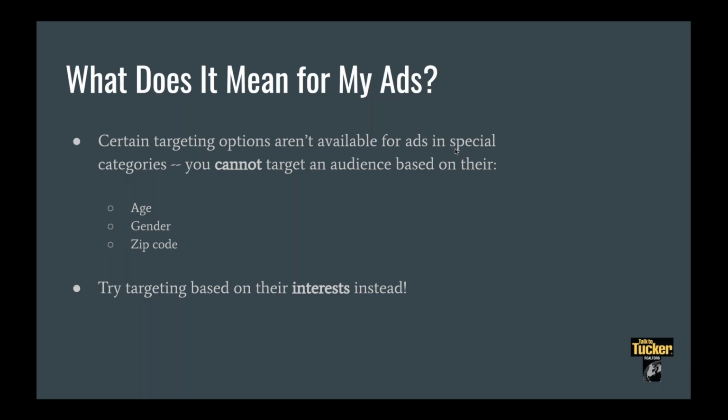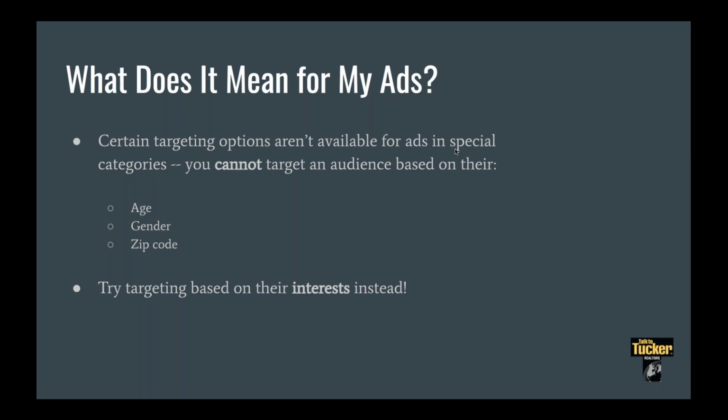They want everybody to have the opportunity to see an ad for a new listing or a housing opportunity. So you can't exclude any specific audiences, and you can't target based on demographic or behavior, because the idea is that you should be creating ads that are inclusive and not discriminatory. I'm going to stumble over that word all day.